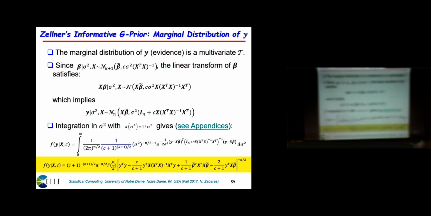And because beta follows a Gaussian, x beta follows a Gaussian with a transformation of the mean and the variance. So the marginal of y, with marginalization only over beta, follows this. So I plug it in, I put the prior on sigma squared, which is 1 over sigma squared, I get that. I integrate, and the marginal likelihood takes this wonderful formula on the bottom, okay?